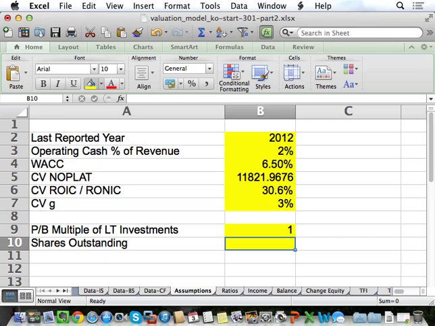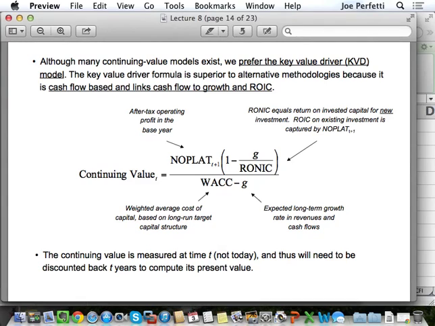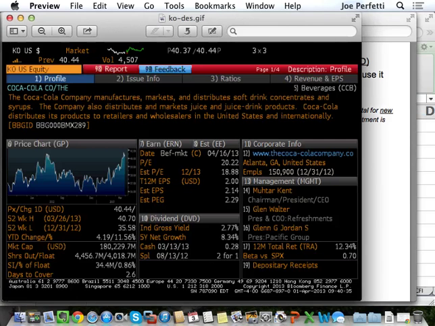So in this case, I need to look up the shares outstanding. In Bloomberg, that is going to be the DES screenshot is the easiest place to find it. All right, DES stands for description, and on the bottom left-hand corner, it has the current shares outstanding for a company. In this case, for Coke, 4456.7.